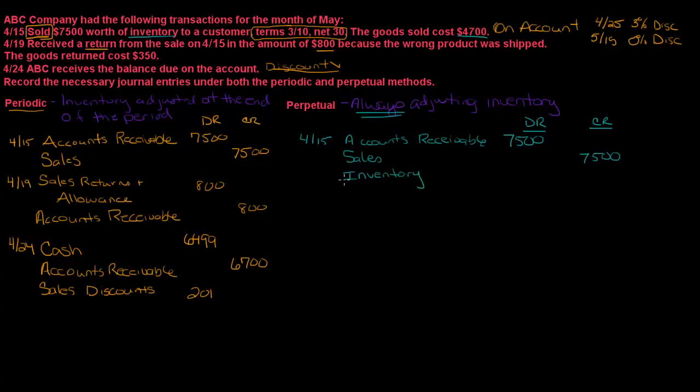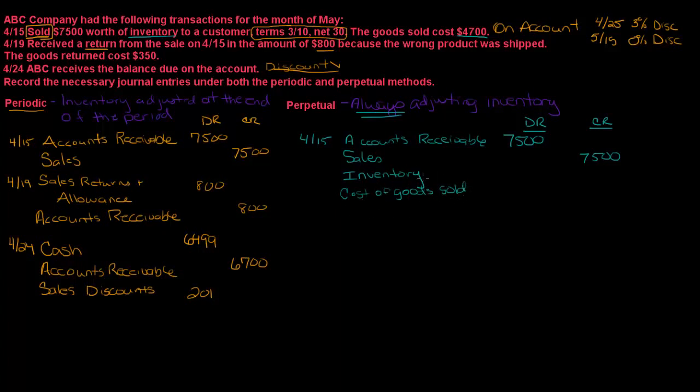What do we call it when we sell inventory? Well, the goods sold cost, that's kind of similar to the name. The name we're going to use is cost of goods sold. That's the account we use when we sell something.